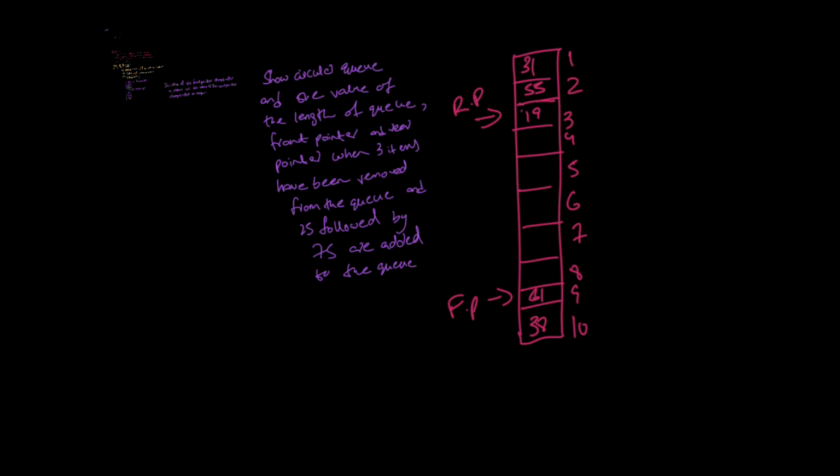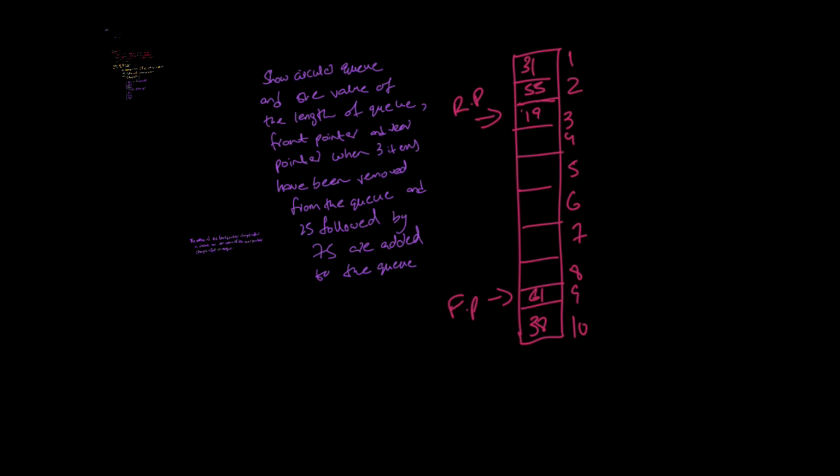We need to show the circular queue and the value of the length of the queue, front pointer and rear pointer, when three items have been removed from the queue and 25 followed by 75 are added to the queue. So here we'll use what we just learned: the value of the front pointer changes after a dequeue and the value of the rear pointer changes after an enqueue.